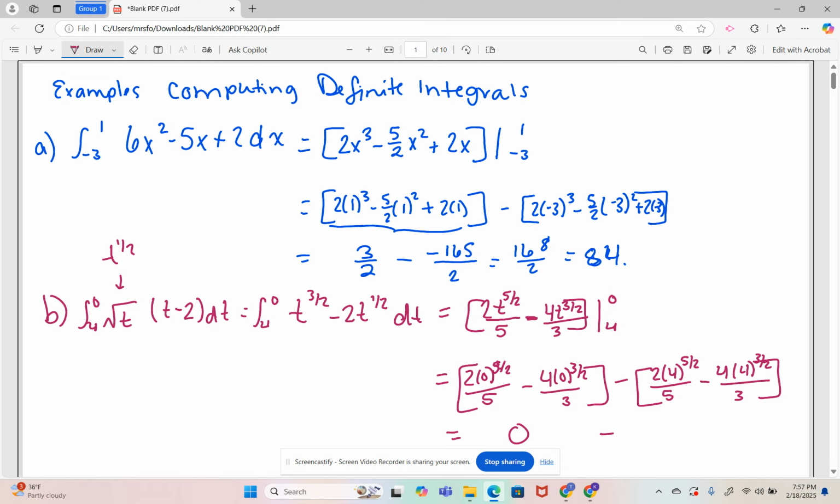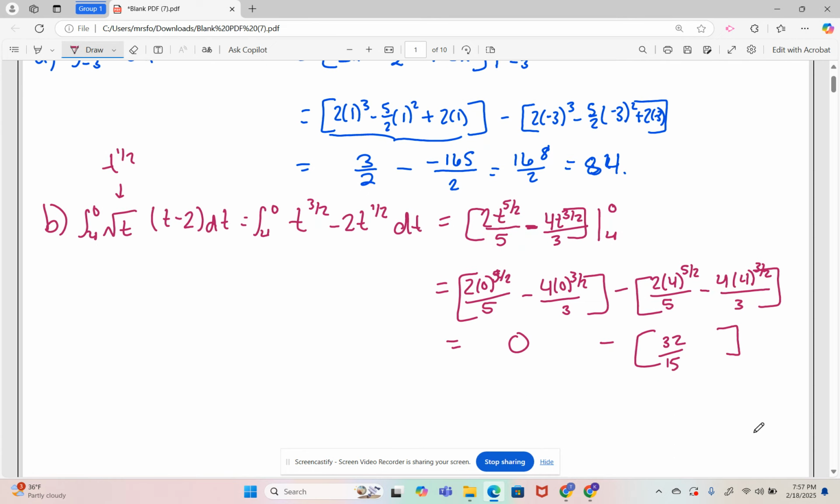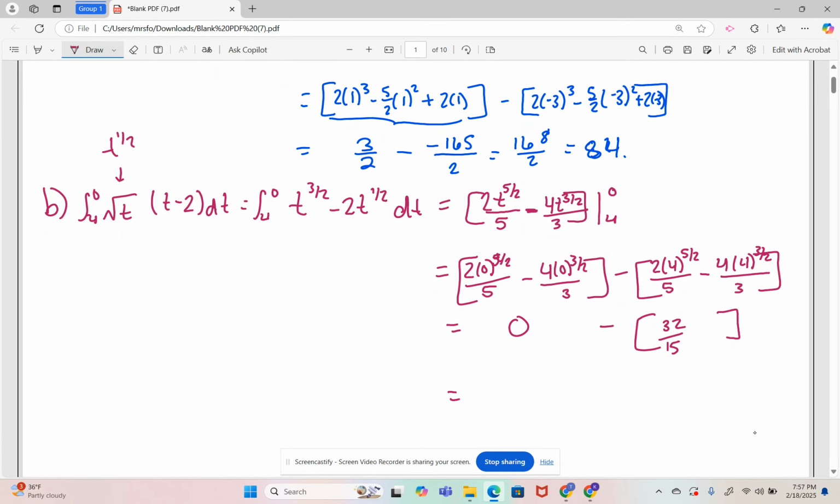And for this one you will probably want to use a calculator because it's got a lot going on. Just being honest. So doing that, I get 32 over 15. So 0 minus 32 over 15 would just be negative 32 over 15.